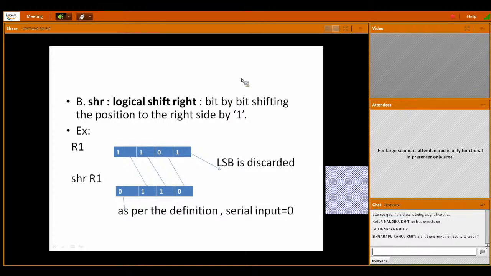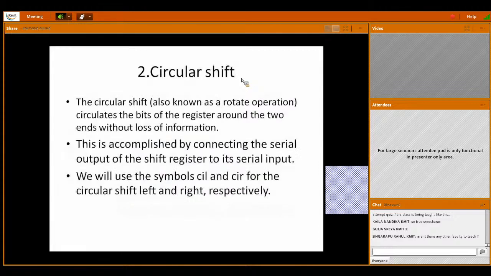So there is some register data loss. In circular shift, you shift the bits of the register from one end to the other end. That is the reason you also call this a rotate micro operation. Circular shift is also known as rotate operation. You are rotating the bits of the register from one end to another end.